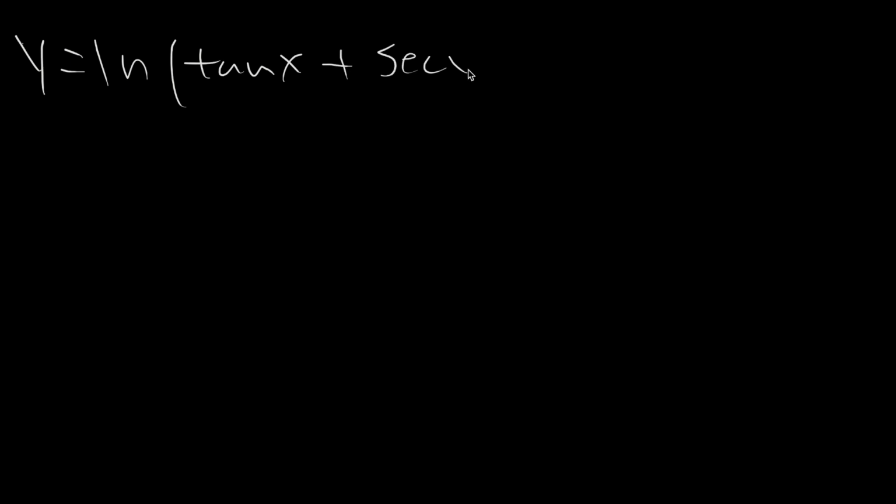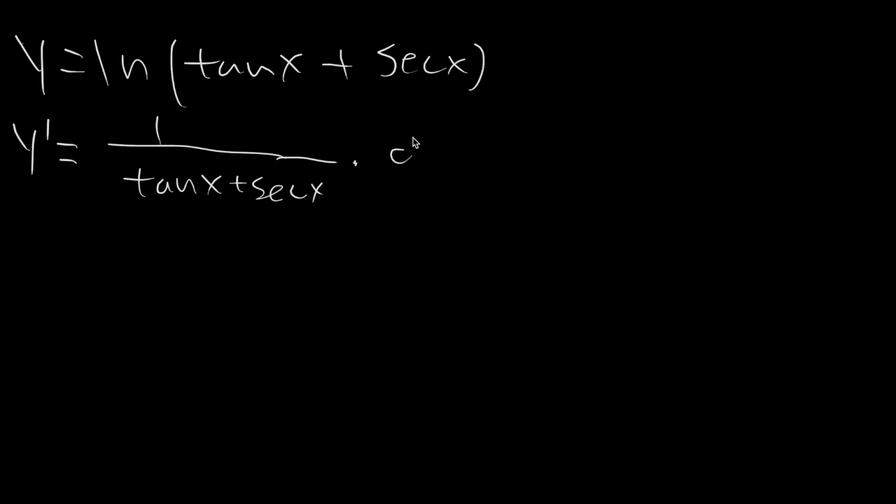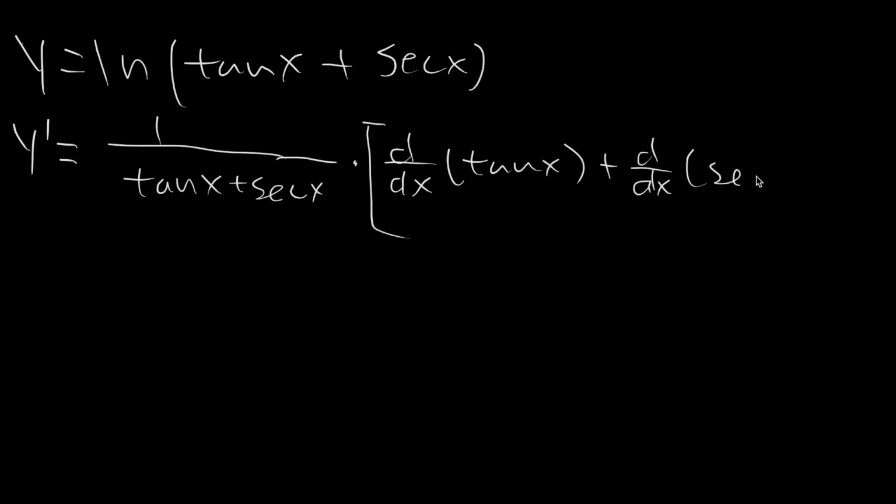Last problem. y is equal to ln of tangent x plus secant x. What's the derivative of this quantity? So it's going to be equal to 1 over tangent x plus secant x, and then you need to take the derivative of tangent x plus the derivative of secant x.